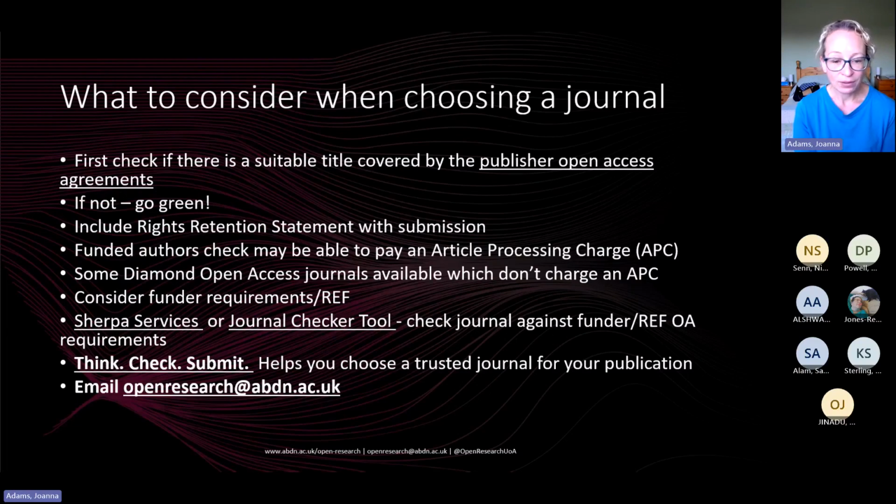But you can also email the Open Research email if you have any questions, and our team will be able to help you. There is also a checklist tool called Think, Check, Submit, and that is just a list of questions that you can evaluate a journal against. It helps you make sure that you are choosing a trusted publication.